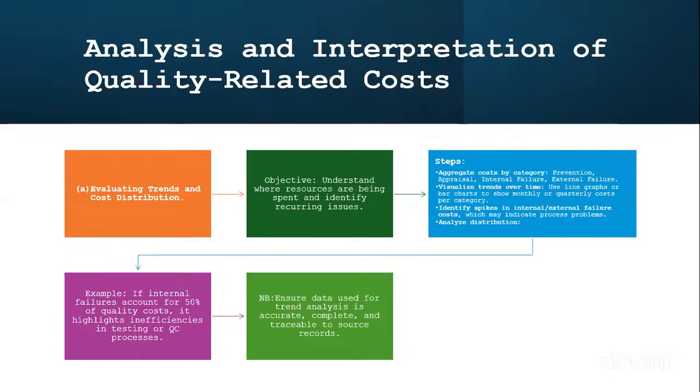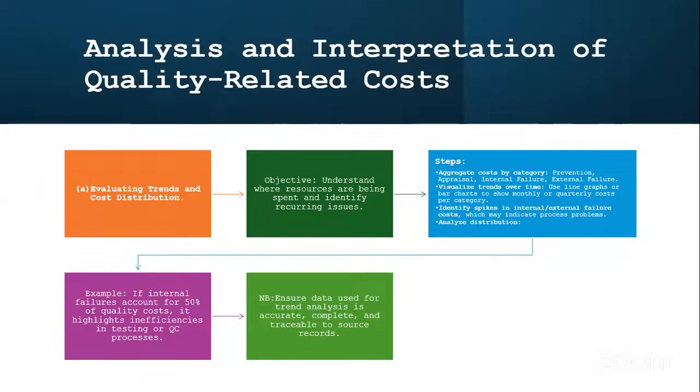That is something that I've just mentioned in the previous slide. Example, if internal failure accounts for 50% of quality costs, it highlights inefficiencies in testing or QC processes.